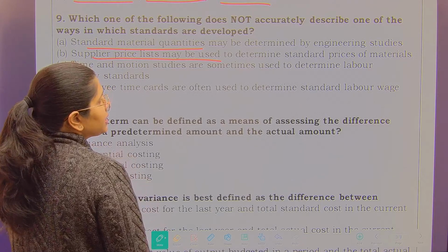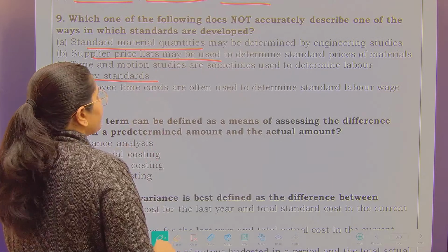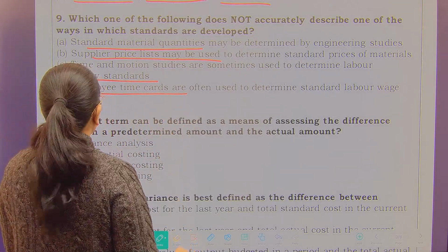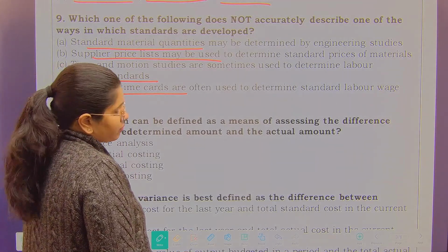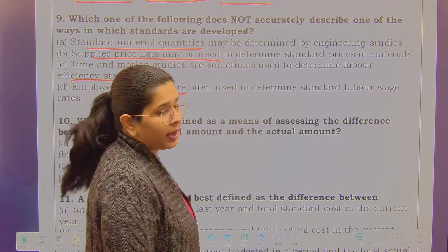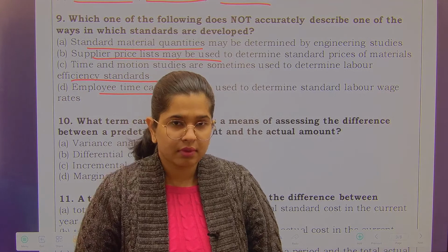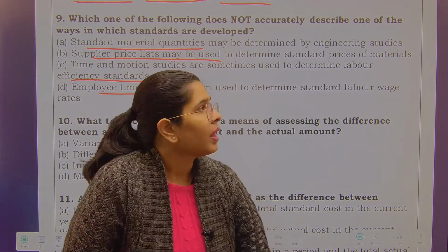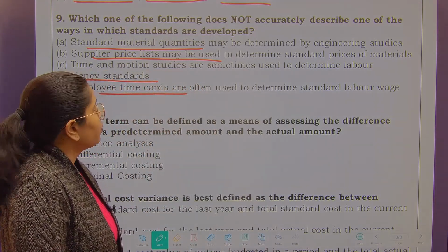Time and motion studies are sometimes used to determine labor efficiency standards, and employee time cards are often used to determine standard labor wage rate. Now, which one of the following does not accurately describe the way of calculation? So see, whatever is outside one, that you can use, right?